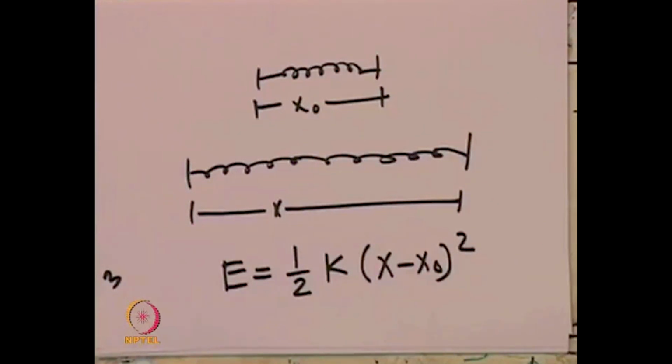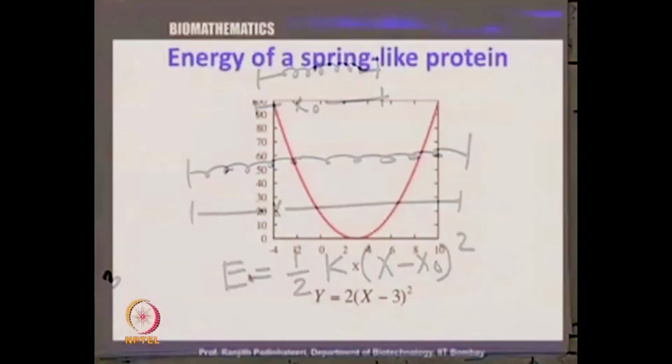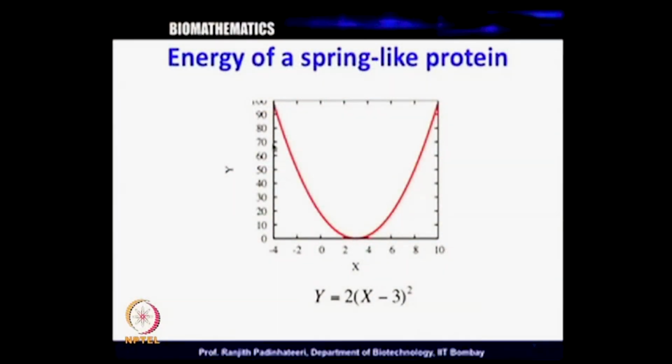Now let us look at this example, the next slide. What we have plotted here is the energy of a spring like protein. The spring constant k is 4 actually, so k by 2 is 2.